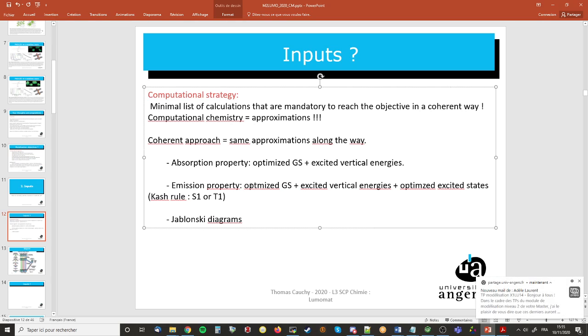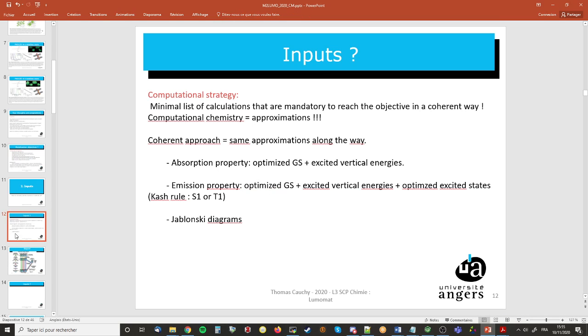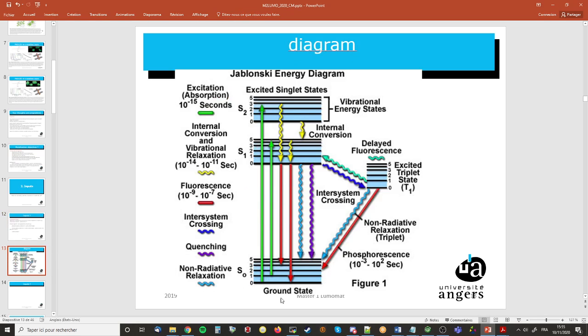Okay? So if you have an optimized ground state, you have the energy here of the S1, S2, S3, T1, T2, T3. You optimize S1, you optimize T1. Okay. If you want the full Jablonski diagram here, what do you need?